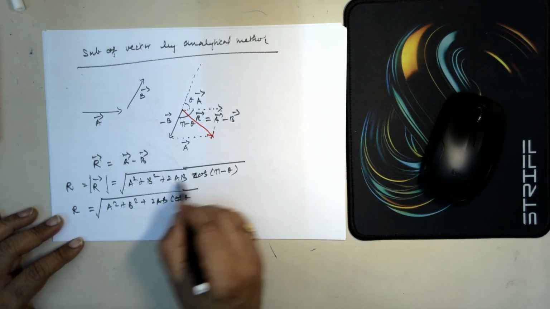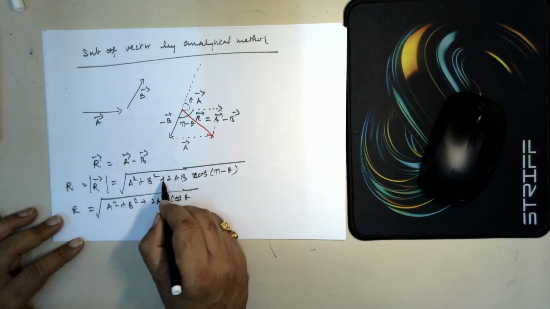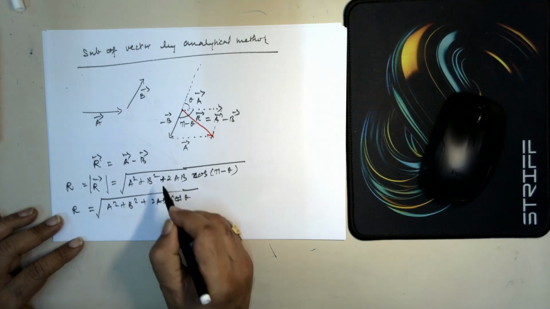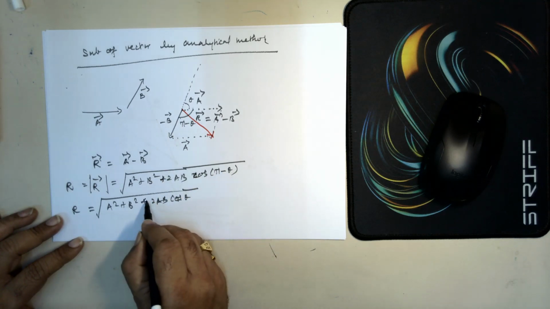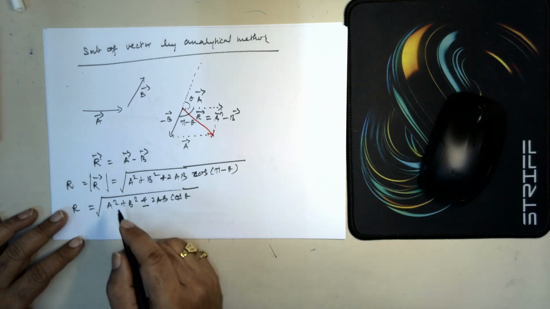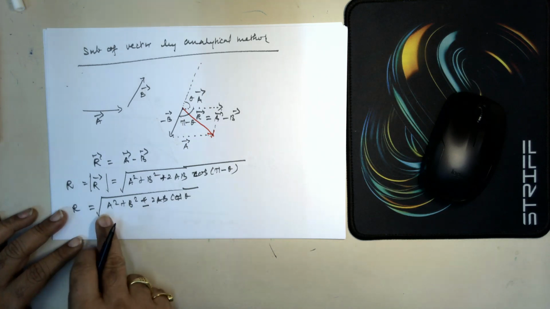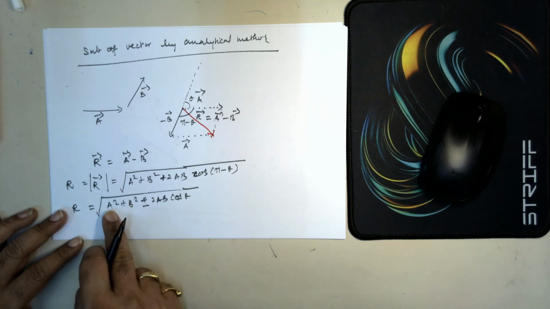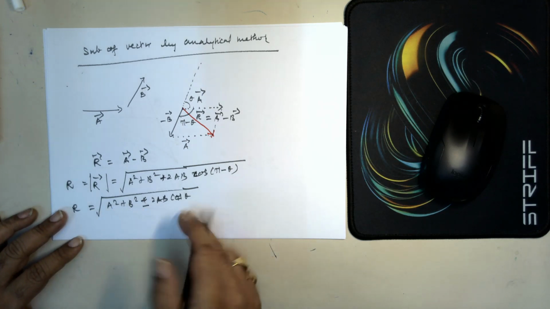But here it should be minus, correct? What you said is correct. This is plus, and when you convert this, it becomes minus. Then now you have a squared plus b squared minus 2ab cos theta.